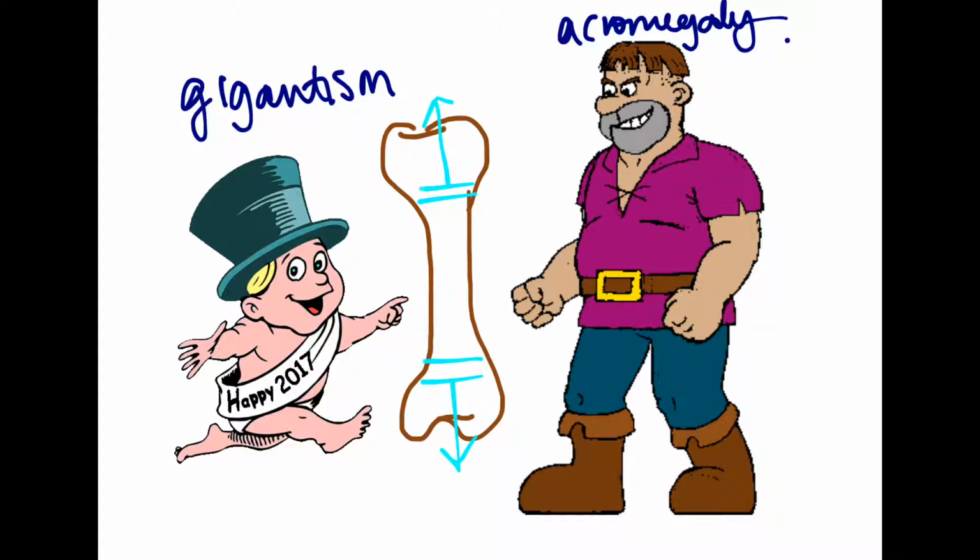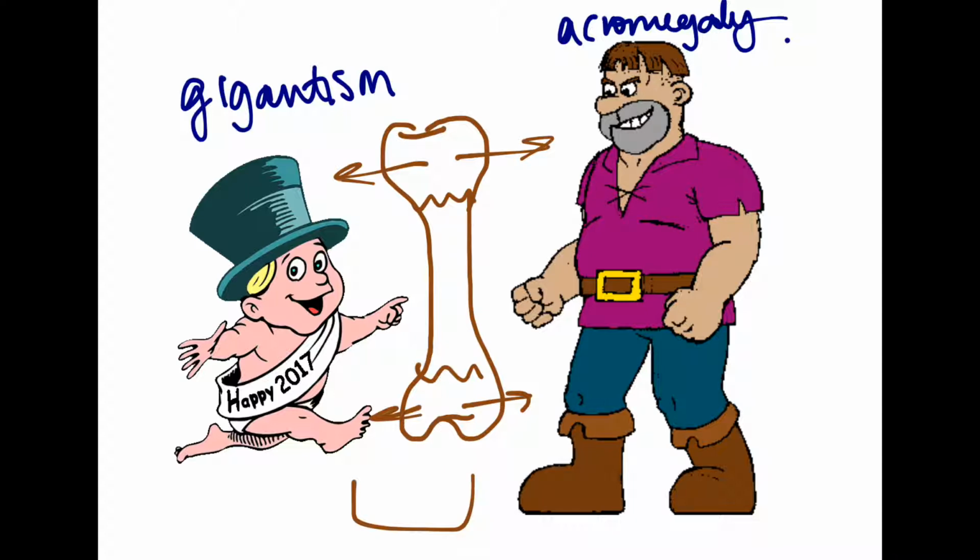But in adults, since the epiphyseal plate is closed, bone grows in width and not in height. So that's why in acromegaly they have wider bones and wider teeth gaps, because the mandible, if this was the mandible and these were the teeth, the mandible will be growing in width, creating something called teeth gaps. It will spread the teeth out, well, the illusion that the teeth are spreading out.